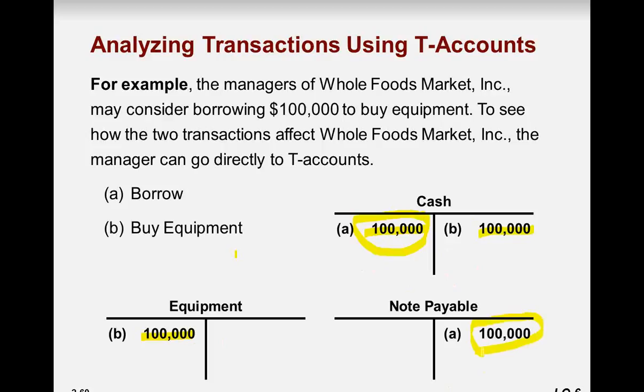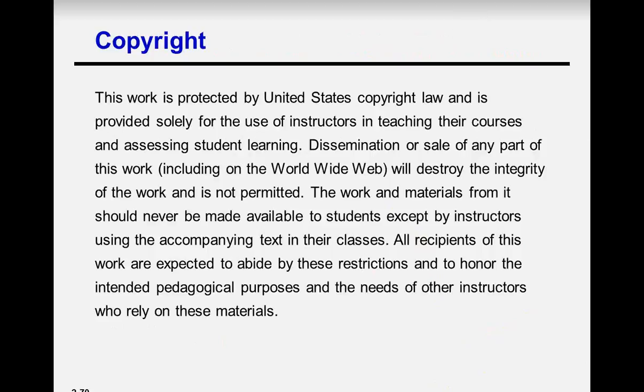So my A is the borrowing, and the B is where I bought the equipment with that money. Now, I still have to pay off this $100,000 loan at some point. Okay, and that's the end of Chapter 1.